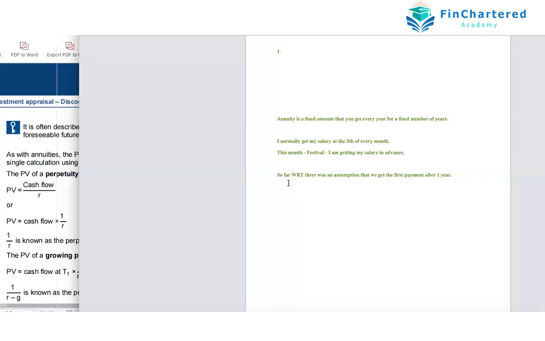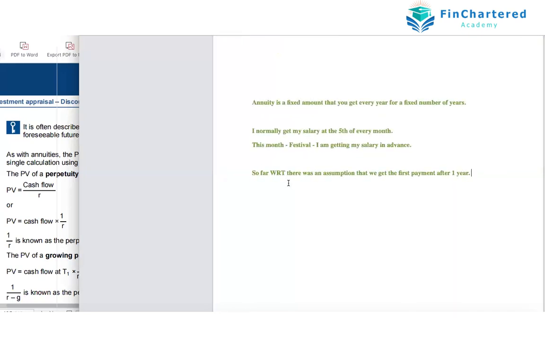But this isn't necessarily always true. You might get your first payment now, as in T0, time 0, today.